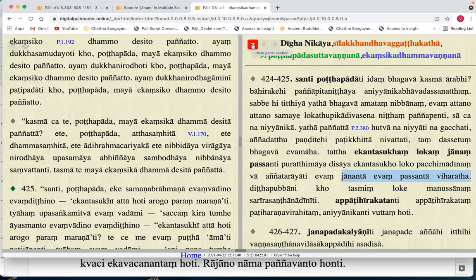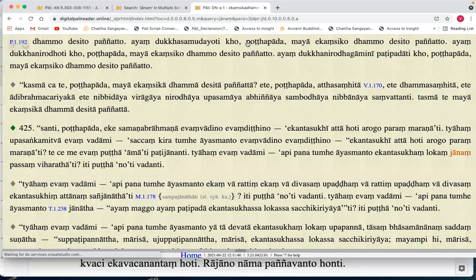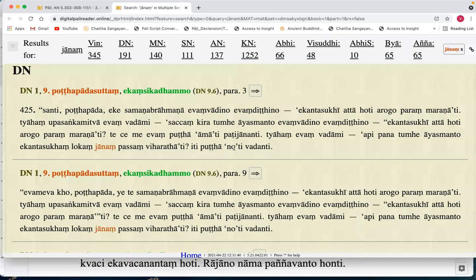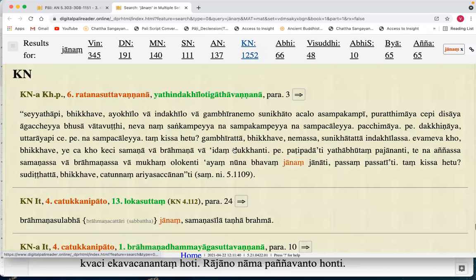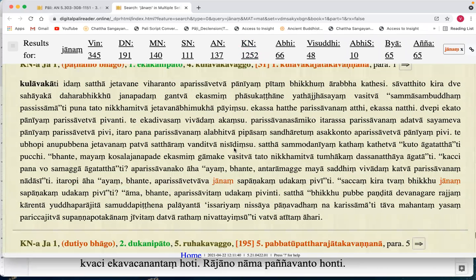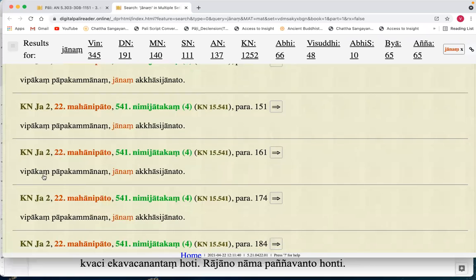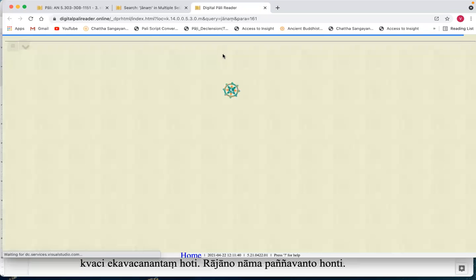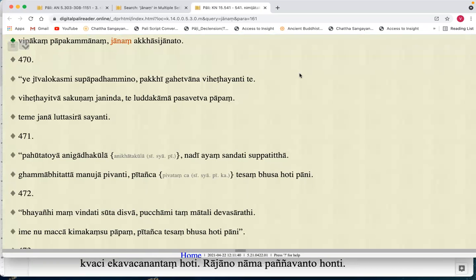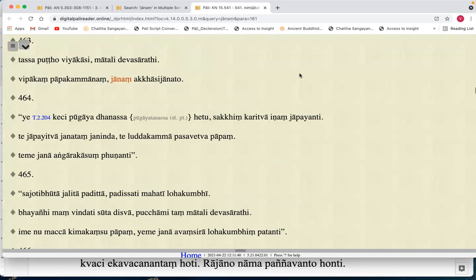Okay, and for singular, it is also very clear to us. Actually, Khuddaka Nikaya, Jataka, volume 2. Jana ekasi janato. So here, Jataka volume 2, Mahanipata, Nimi Jataka. Jana ekasi janato.